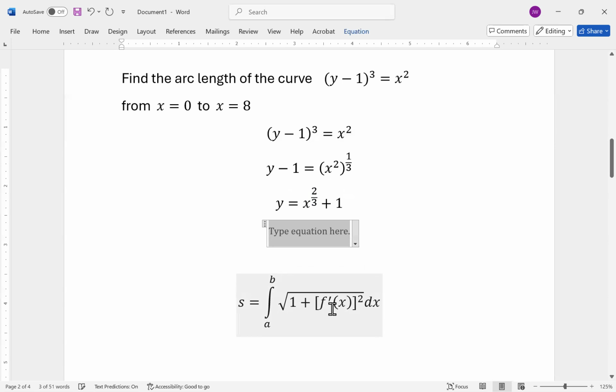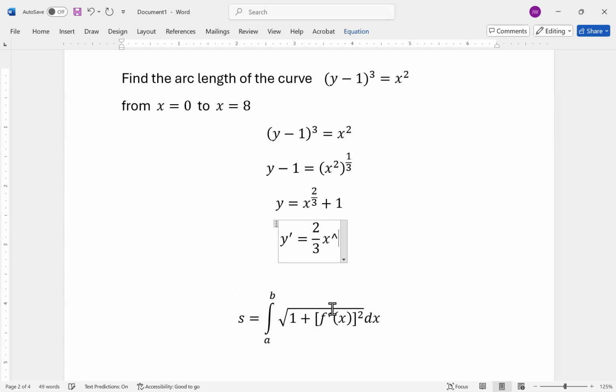If I take the derivative of that, I'll just call it y prime, I get 2/3 x to the, when I subtract 1, I get -1/3. So x to the -1/3 power, the plus 1 has a derivative of 0.